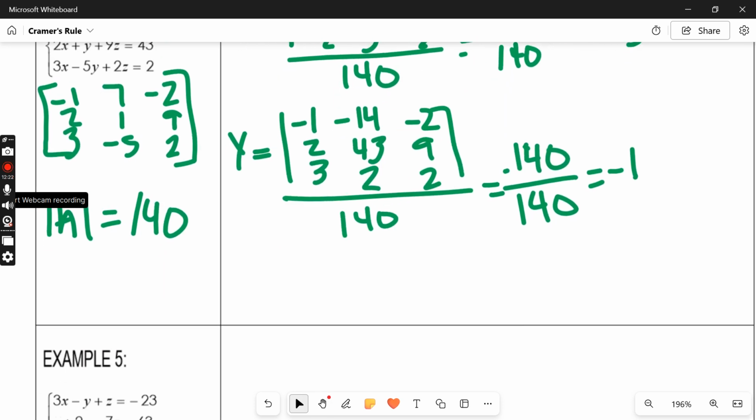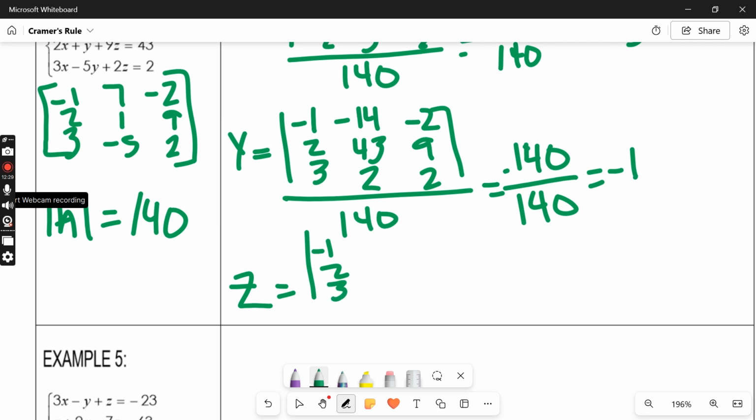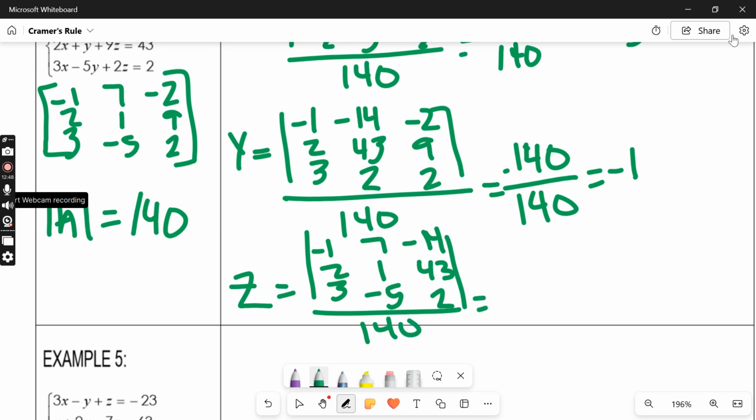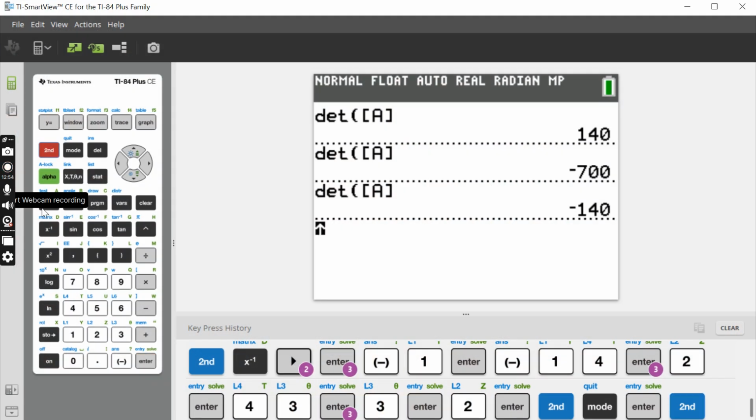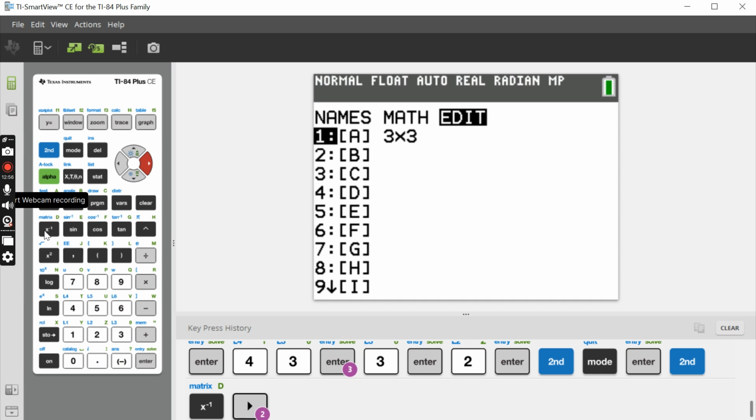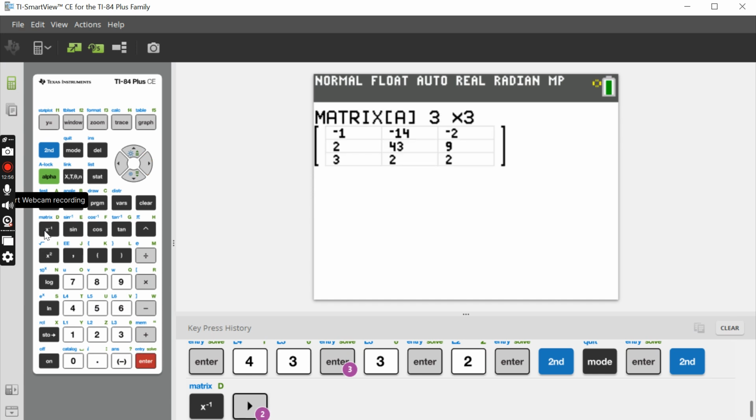And then I'm going to find that z value. So negative 1, 2, 3, 7, 1, negative 5. And this is where I'm replacing negative 14, 43, and 2. Okay, so I am fixing my matrix here.